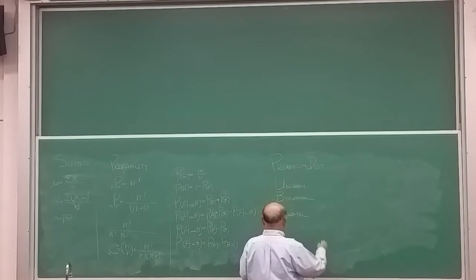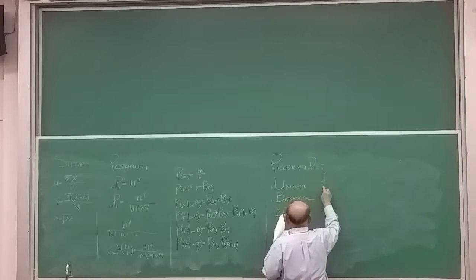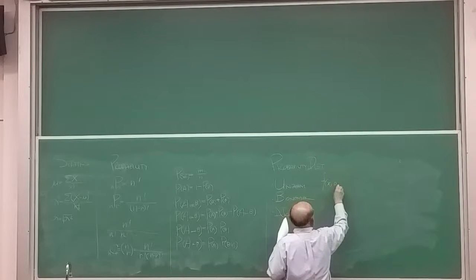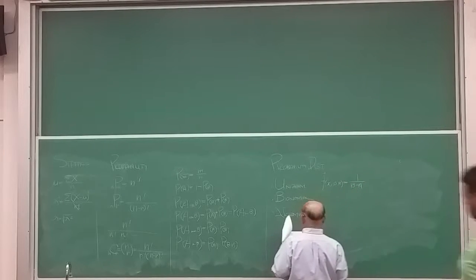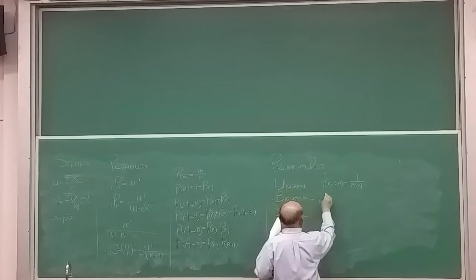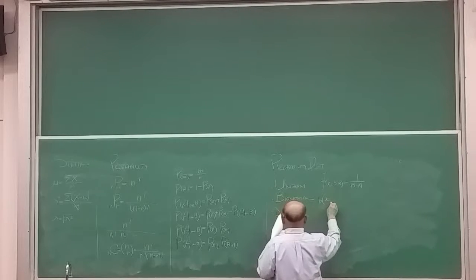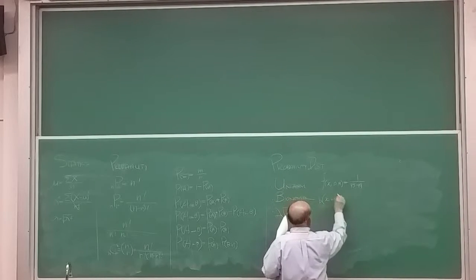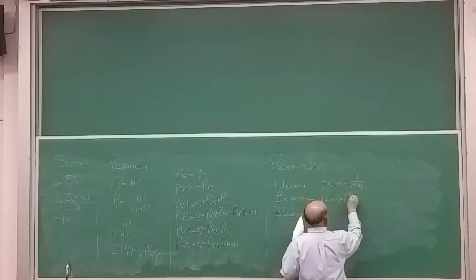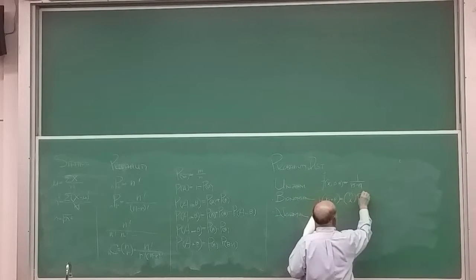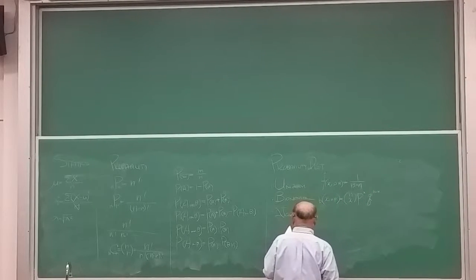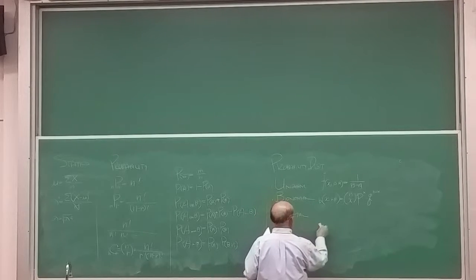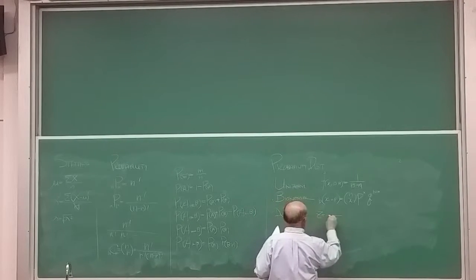So here, for x between a and b, it is 1 over b minus a. Here, binomial distribution. And here we have to use a z factor. Z is x minus mu divided by sigma.